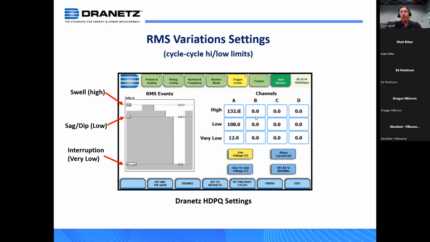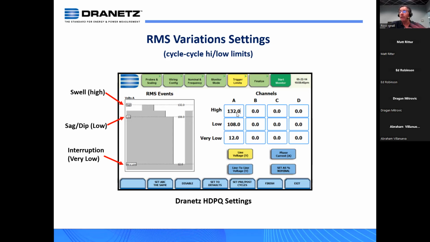And the way the IEEE 1159 defines these rules of thumb for the industry is plus or minus 10% of what the nominal is. And the nominal here is 120 volts, which is our line outlet in the United States. Basically 10% high is 132 volts, 10% low is 108 volts. And that very low or interruption limit is 10% of that nominal, which is 12 volts. So the meter will set itself up automatically for these limits.